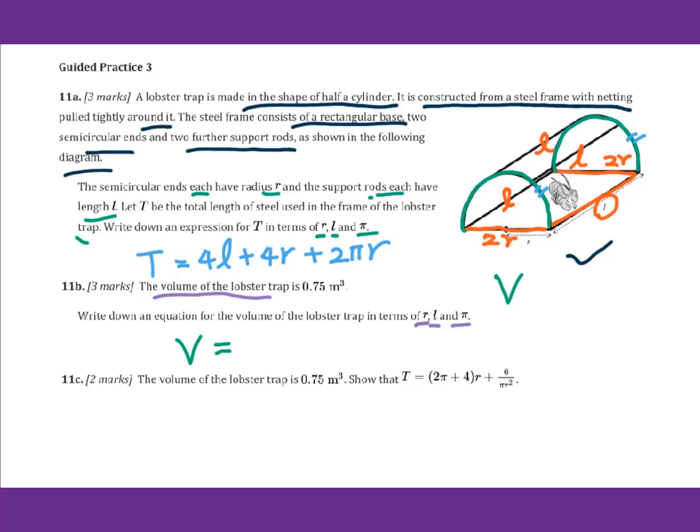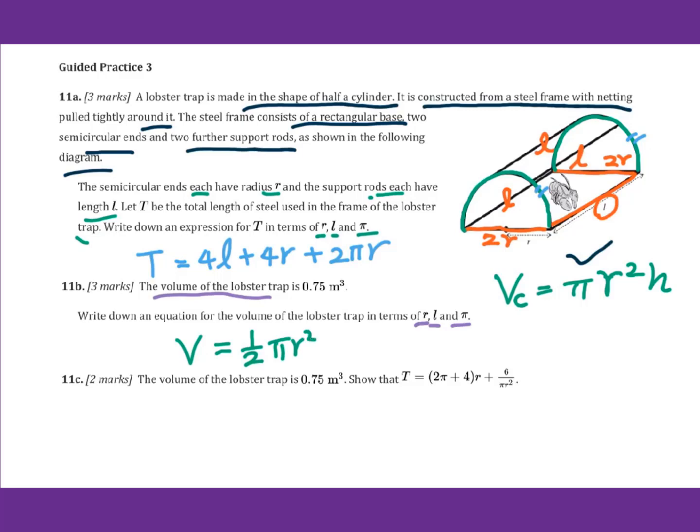For the cylinder, I use VC to stand for the volume of a cylinder. We know that it's pi r squared times the height. So we get 1/2 pi r squared times height.